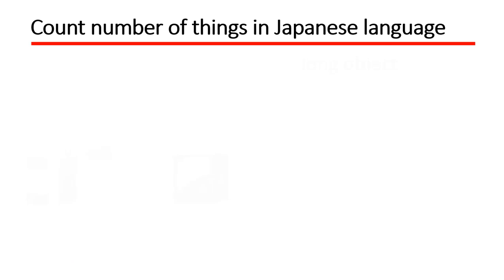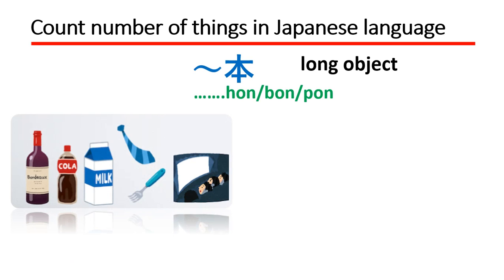So next we are going to learn how to count long objects. For long objects, they use the kanji of hon, which has three sounds: hon, bon, pon. They are used to count long objects such as necktie, milk, cola, Pepsi, including movies. For one movie they say ippon, something like that.